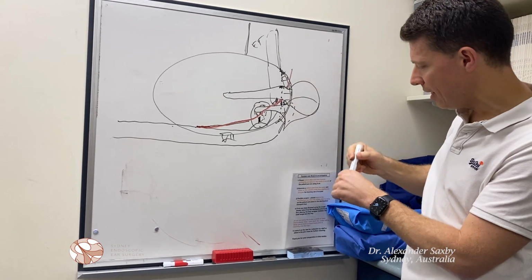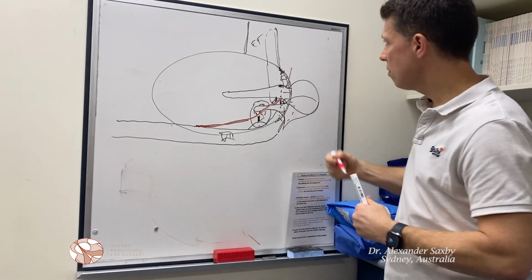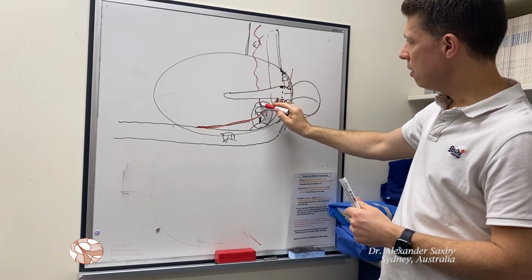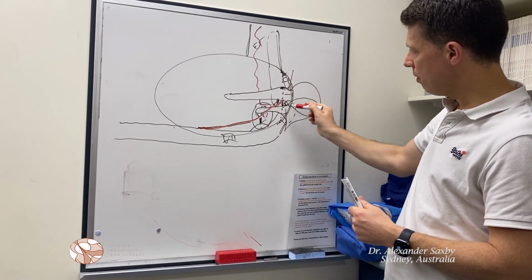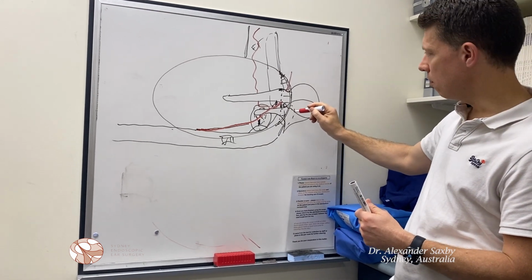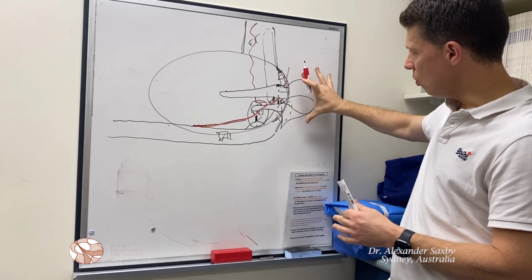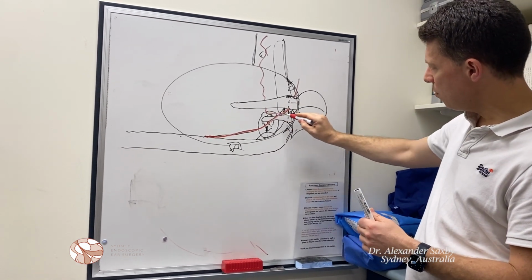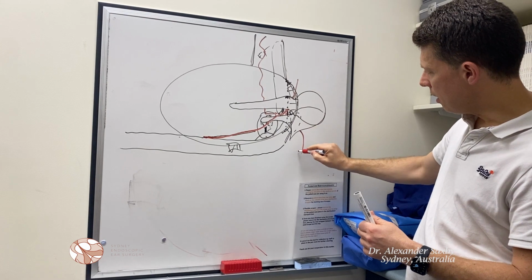If you want to ventilate those areas, air has to come in through the eustachian tube, underneath the malleus, and then up towards us through posterior pouch of von Troeltsch into Prussak's space, right? If you want to ventilate your epitympanum or your mastoid, the air has to go through this space, under here, and through here.